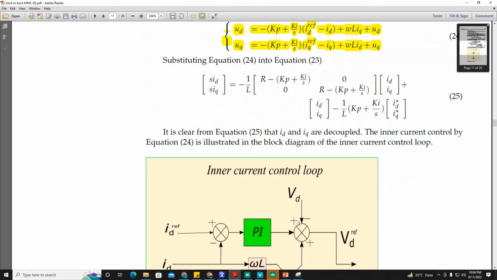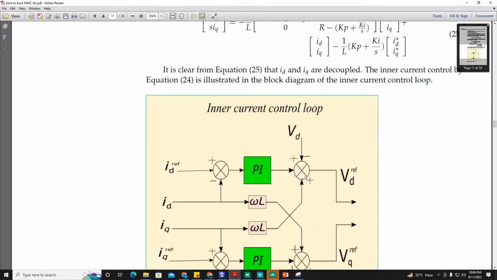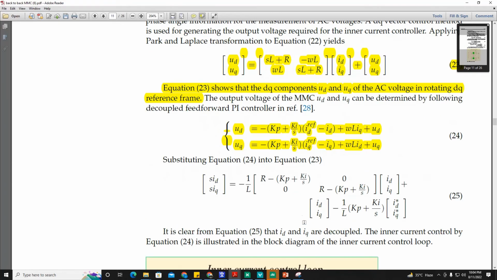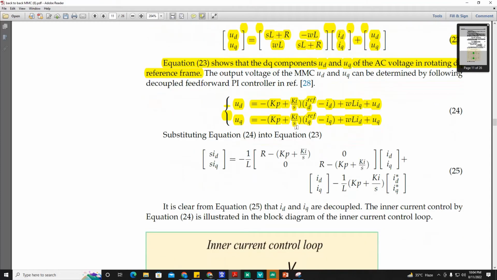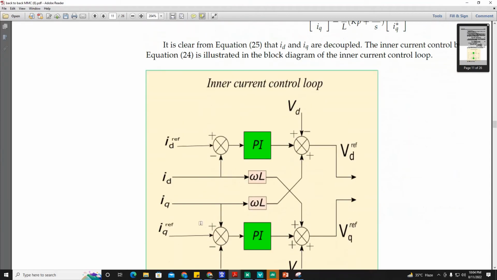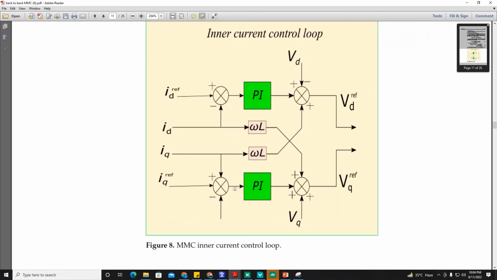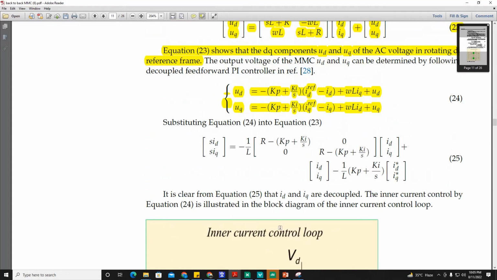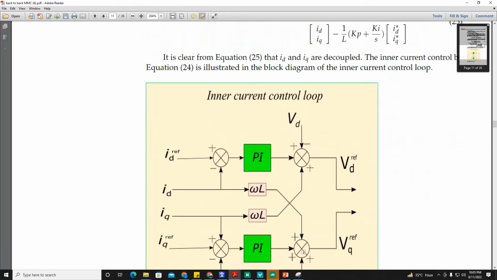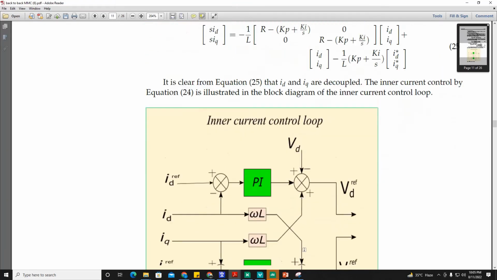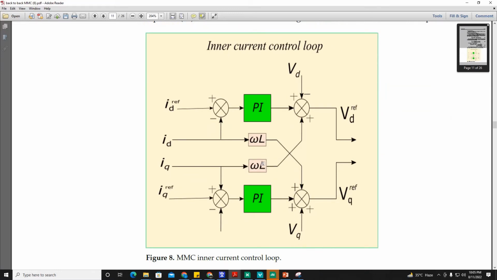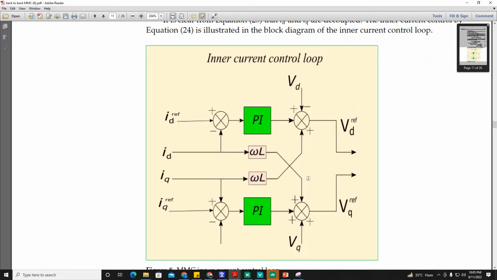So this will become this expression. And similarly UQ will be IQ reference minus IQ measured, the reactive component, imaginary quantity, through the PI controller, plus VQ, plus this cross coupling omega L component, which comes due to the transformation from ABC to DQ here. So this is inner current control.